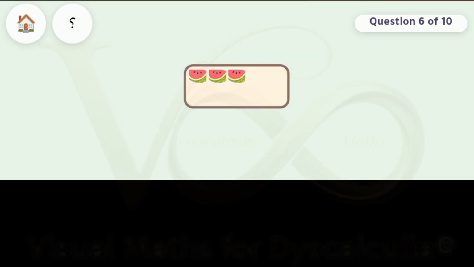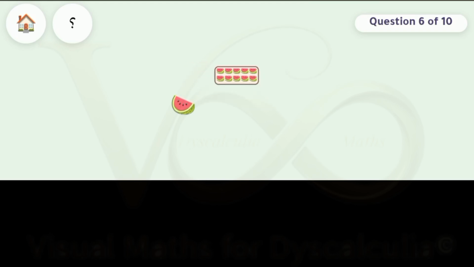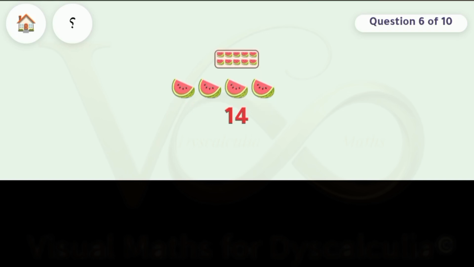1, 2, 3, 4, 5, 6, 7, 8, 9, 10. Full box. 11, 12, 13, 14. We share it into 2 groups.